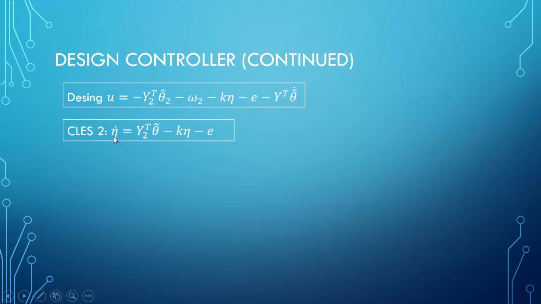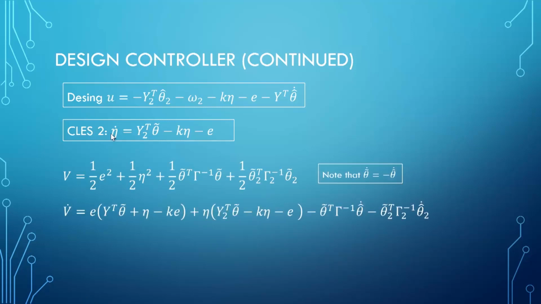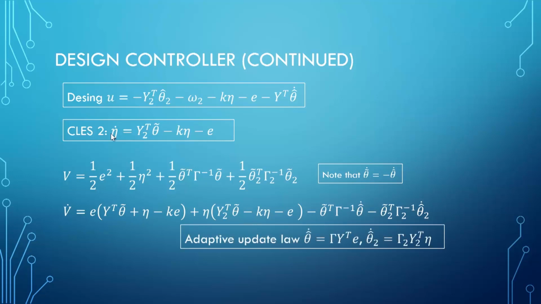Okay, and that yields the closed-loop error system 2, and you do the Lyapunov function analysis. And you design the update laws for both theta and theta 2. Okay, and these are the corresponding adaptive laws, and you will get the negative semi-definite.